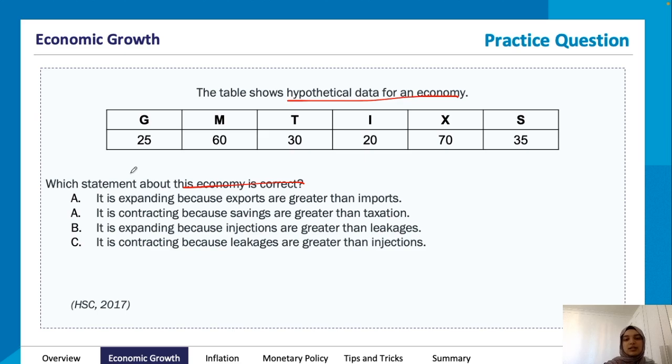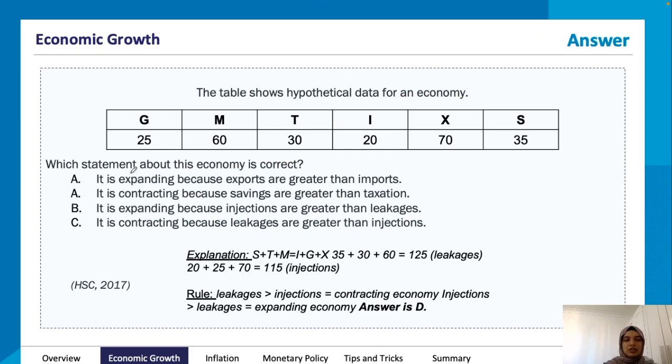So pause. Okay, so hopefully you've had a chance to attempt the question. We will now get into the answer. So, let's go through the options here. We've got the hypothetical economy. First thing I did whenever I had a question like this, I would separate the leakages and the injections.